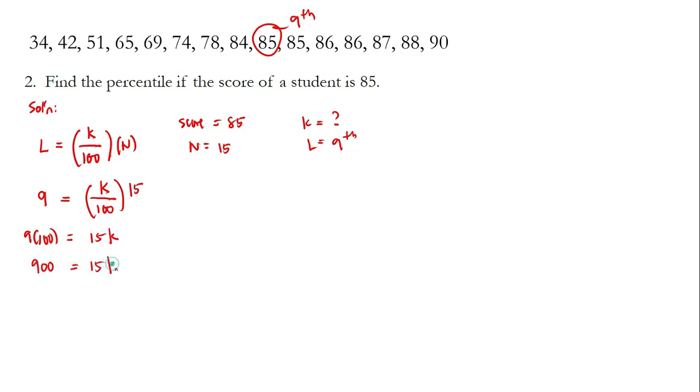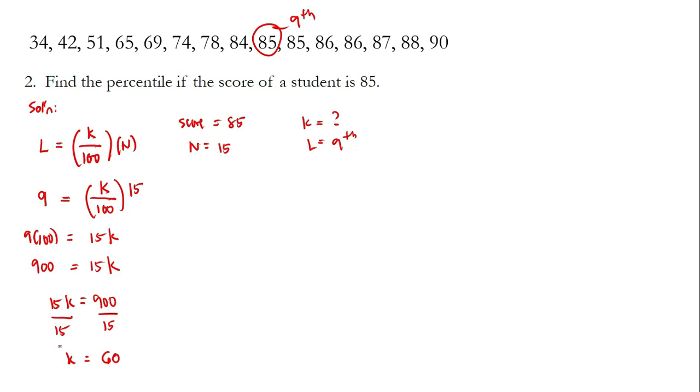So, let us commute first, commutative. 15K equals 900. And then we solve for K. So, we divide both sides by 15. So, K is 900 divided by 15, we have here 60. And the 60th percentile. Okay. Now, what can we infer about this?